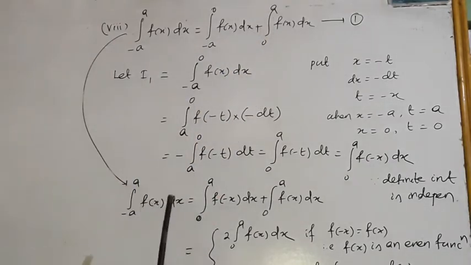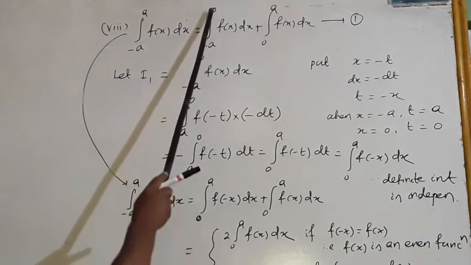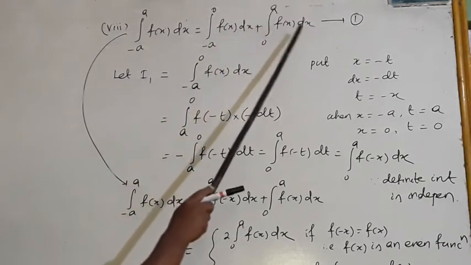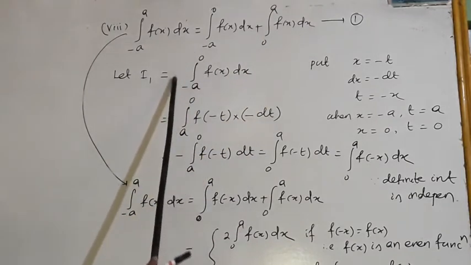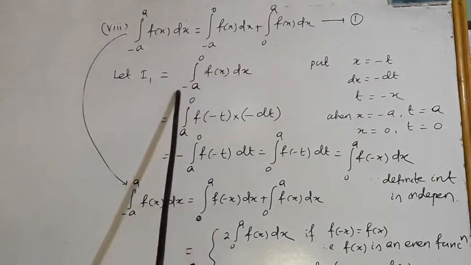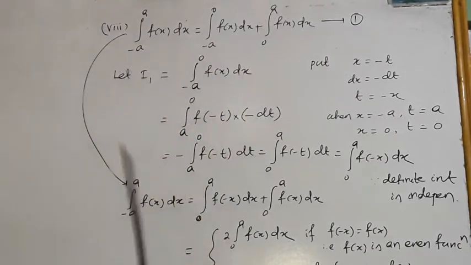That's the property. Zero is a point in between minus a to a. Now minus a to 0 f(x) dx, 0 to a f(x) dx. Keep it as it is, taking this as I1. What will happen?